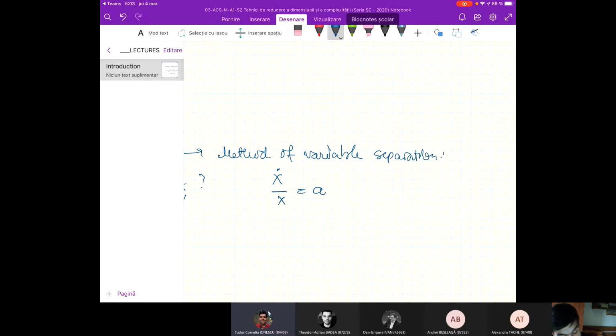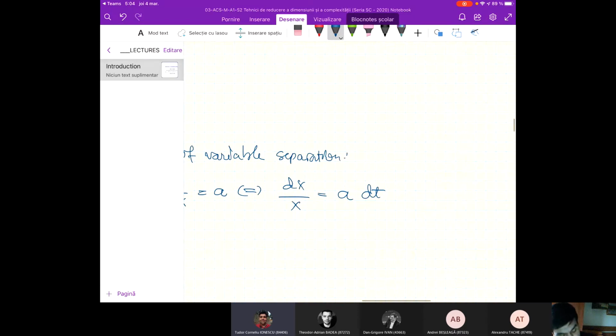Then you rewrite x dot as dx over dt. Since you move everything in t to the right, you perform this abusive writing: dx over x is a dt.